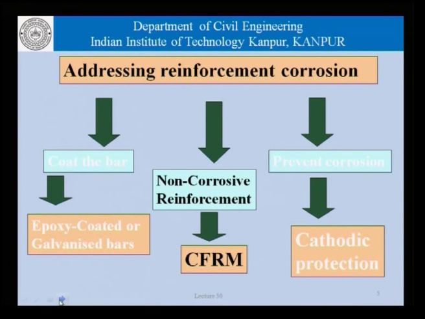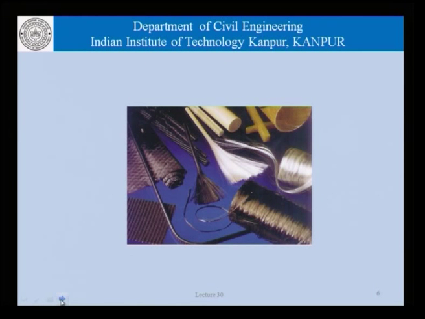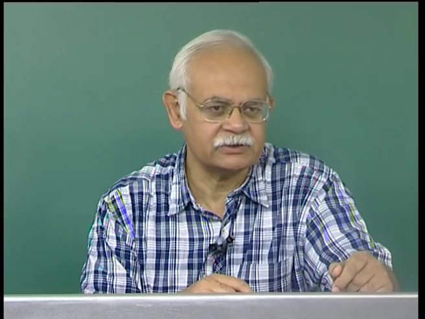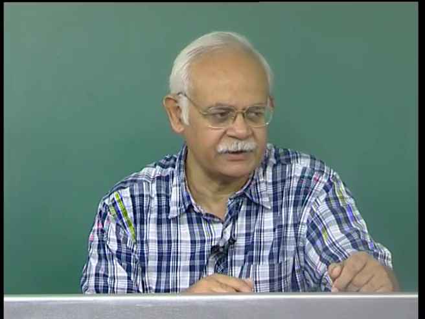Now, in the last discussion, we were trying to address the issue using CFRM. So, we will continue from that point onwards, and these are the pictures that we have seen. These are the different fibers, carbon, glass, aramid in the raw form, that is the fibers themselves, which are extremely fine.